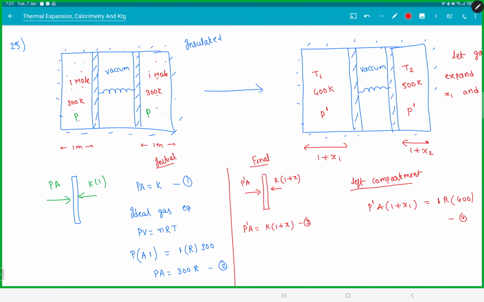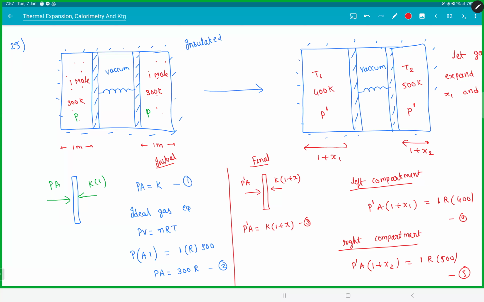That's your equation 4. For the right compartment, so you can actually use the ideal gas equation initially and finally for the two compartments. That will give you 3 equations, and you'll get 2 equations from the FBD of the piston. Pressure is the same P, the volume is area into 1 plus X2, equal to 1, R, and 500. This is equation 5. There, I got 5 equations.